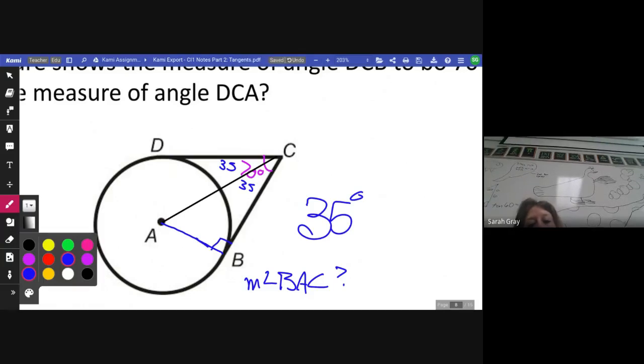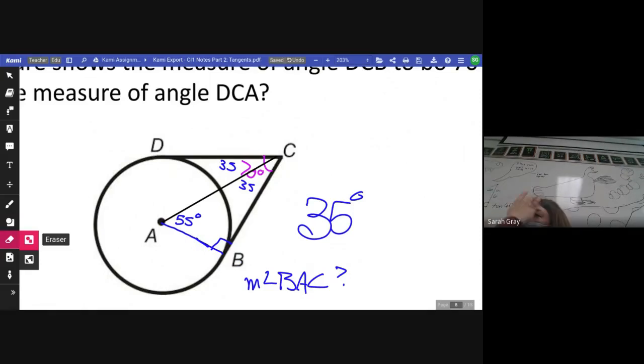Ethan? Oh, smaller than that. But you just subtracted wrong, I know. It's going to be 55 degrees. Because this angle here has to be our 90 because it was tangent. And then we did 35. So I did 180 minus 90 minus 35. Got 55.